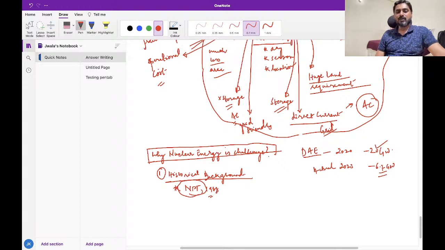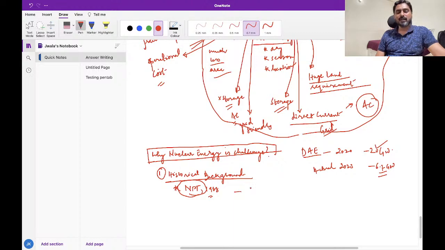Because India did not join NPT, the developed countries which had fuel and technology started discriminating against India. They said they would not provide fuel or technology. So India faced discrimination globally.